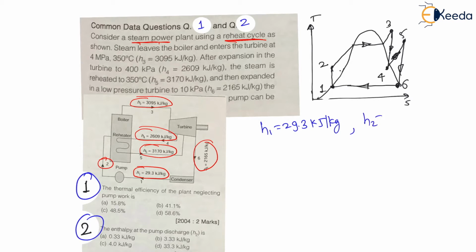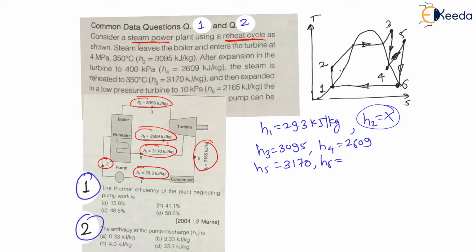H2 is not given. H3 is 3095 kilojoule per kg. All have the unit kilojoule per kg. H4 is 2609, H5 is 3170, H6 is 2165, all in kilojoule per kg, right?